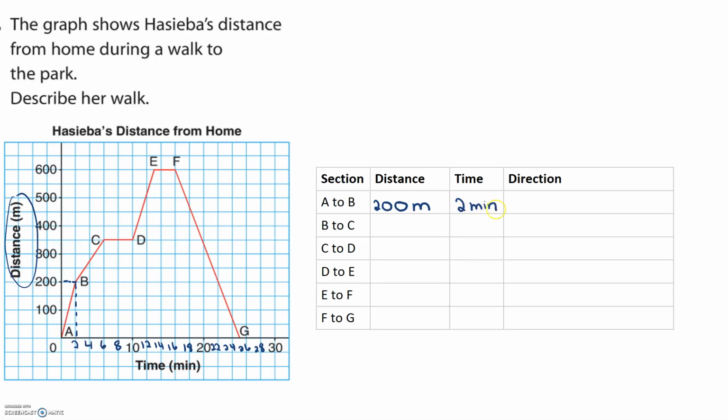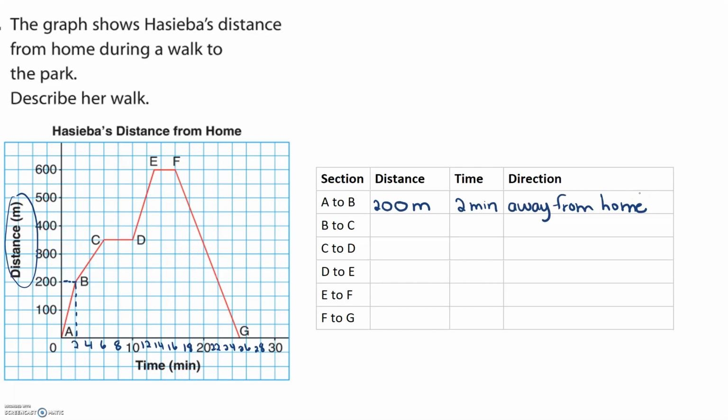And we want to know the direction. The direction is away because the line is going up, which means her distance is increasing from her house. So, away from home.